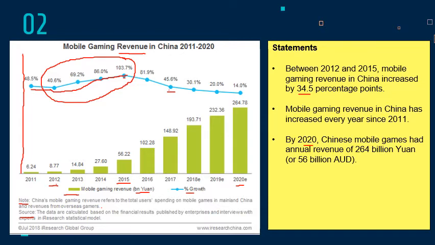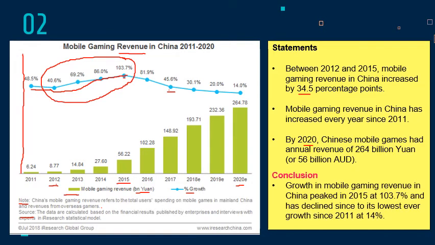And that equates to $56 billion Australian. I've gone through and done a conversion separately because I don't really understand yuan. And we're talking about 56 billion Australian dollars. That's a huge, eye-watering amount. So it's made a lot of money.